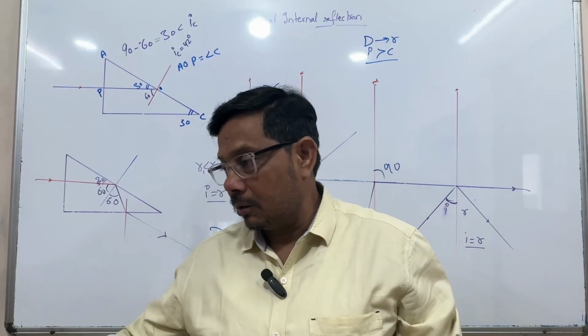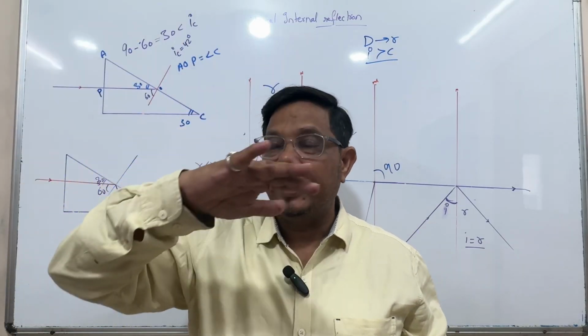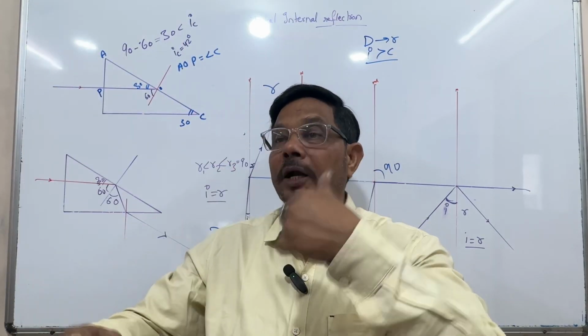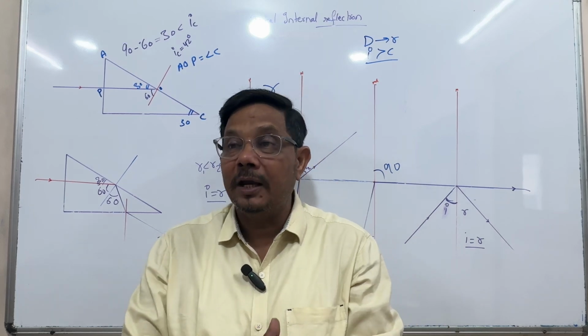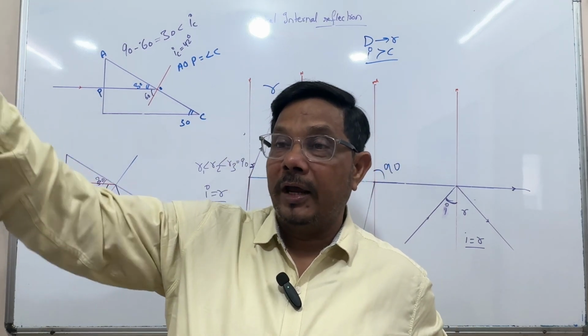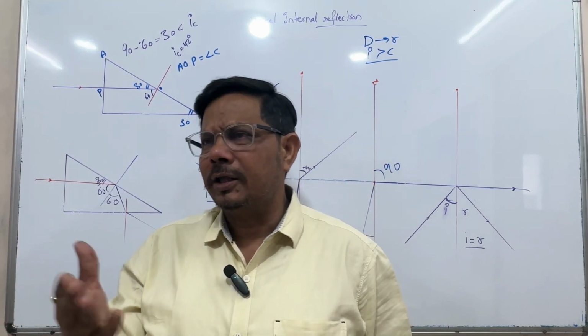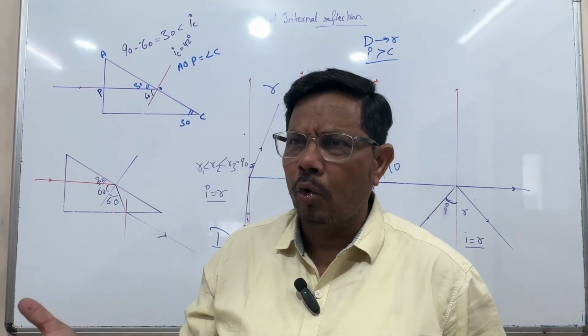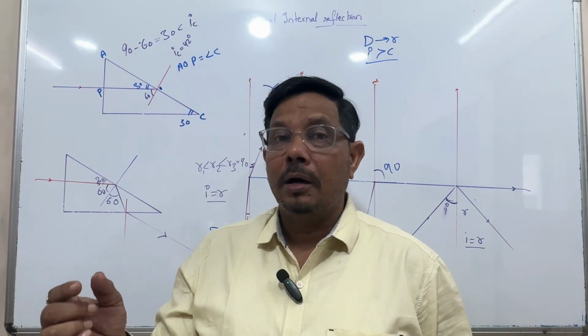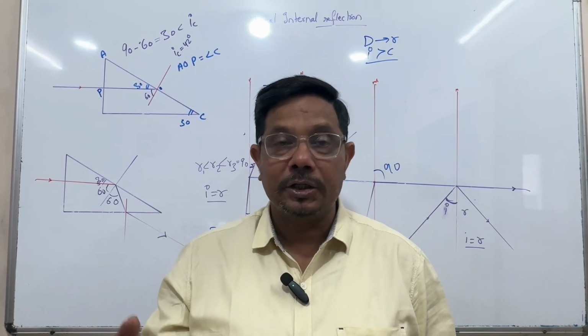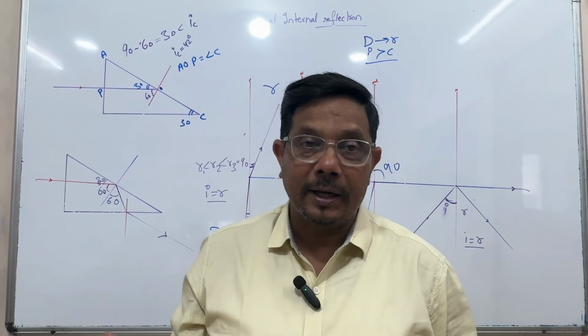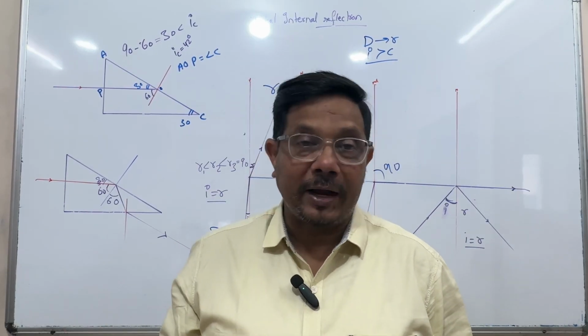And when light comes from the road to outside, it suffers total internal reflection, so we feel it is water on the way. You can see water in the desert, water on the road. These are all mirages. So a mirage is an example of total internal reflection.